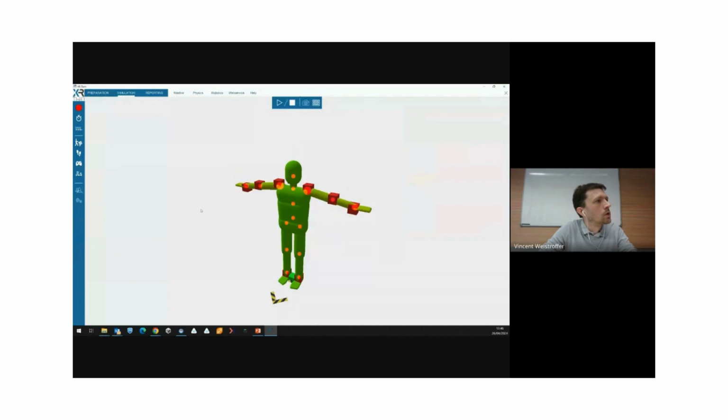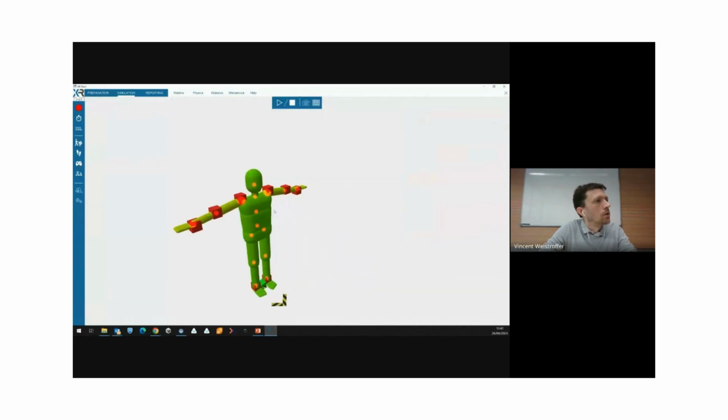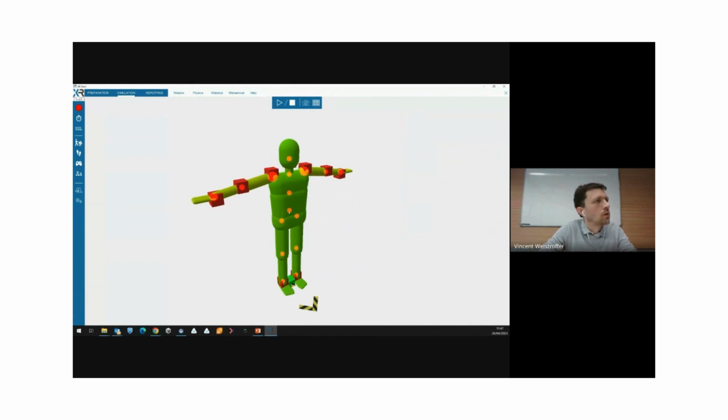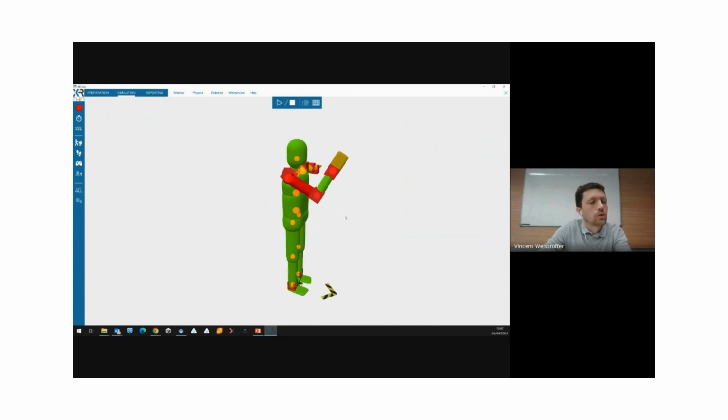I will go to my simulation window, and here what I want to show you is that I can actually move some of these red spheres in space. Here I'm using only my mouse to move them, but you have to understand that they represent positions.